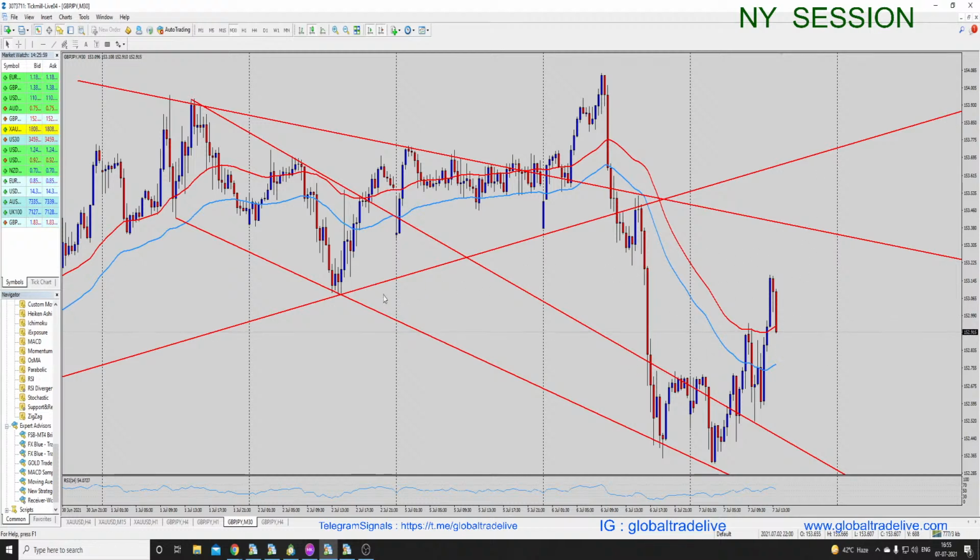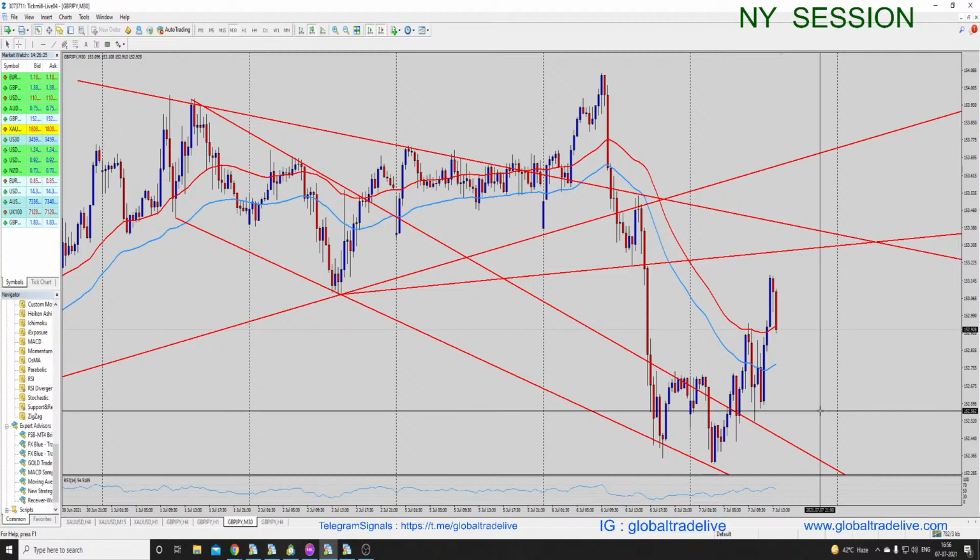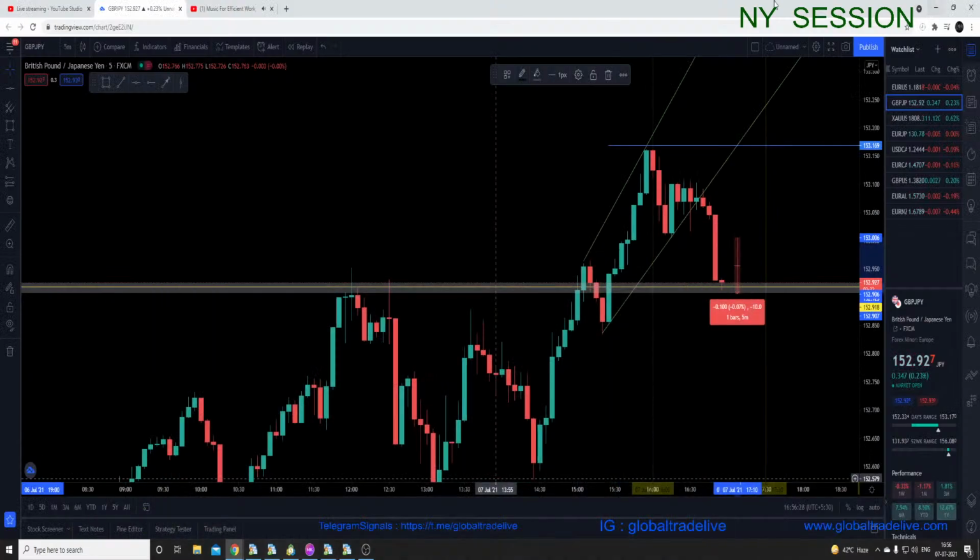But if it doesn't go up and doesn't reject this area, then that means we will have another resistance to be formed, and it will be going all the way down to test this low over here, which will give us around a 40 to 50 pips range to trade.